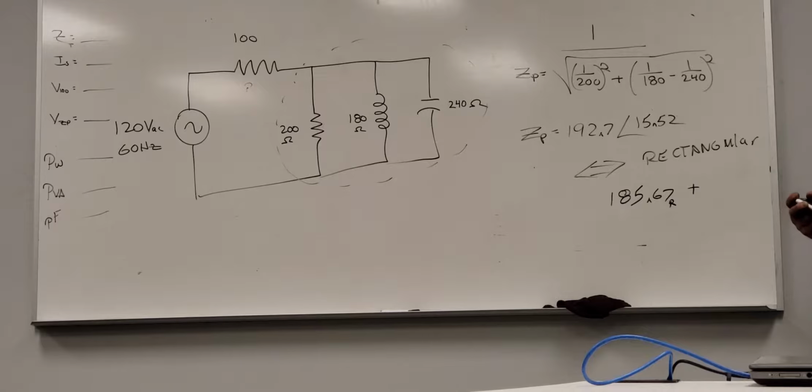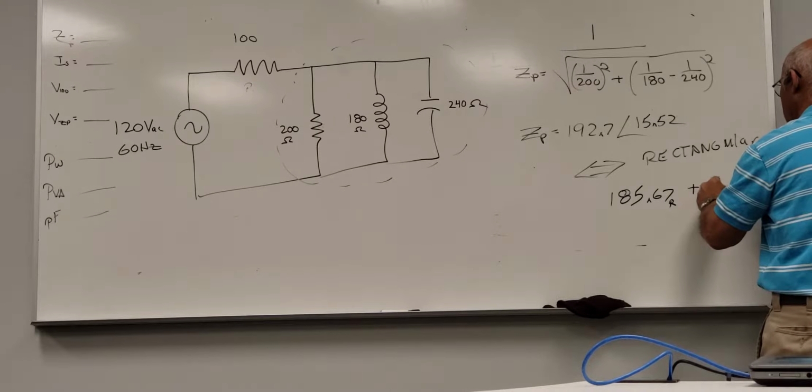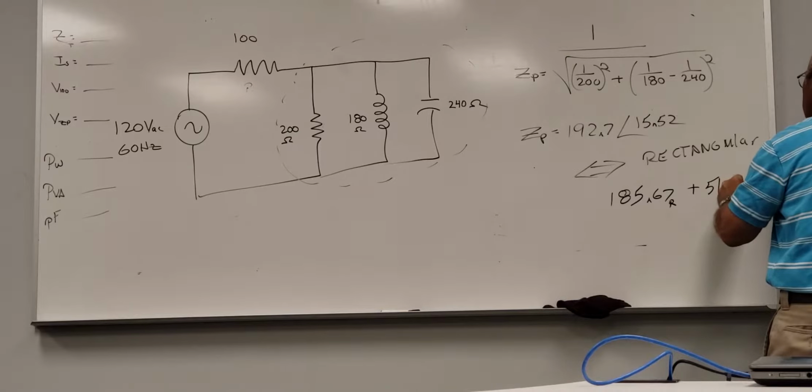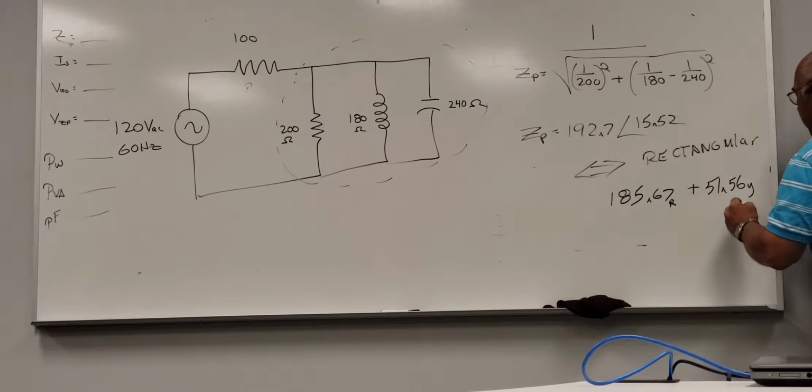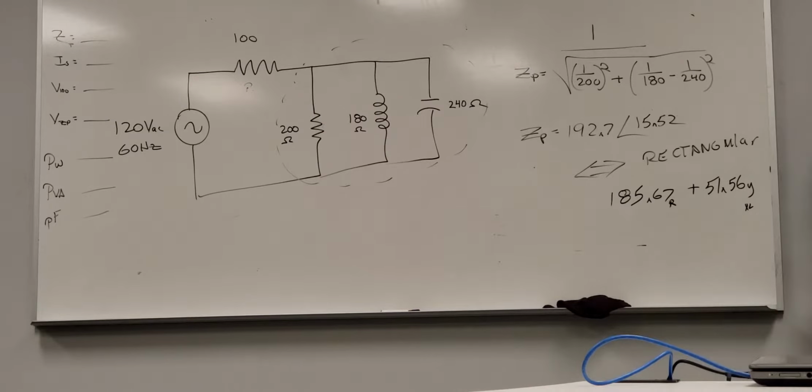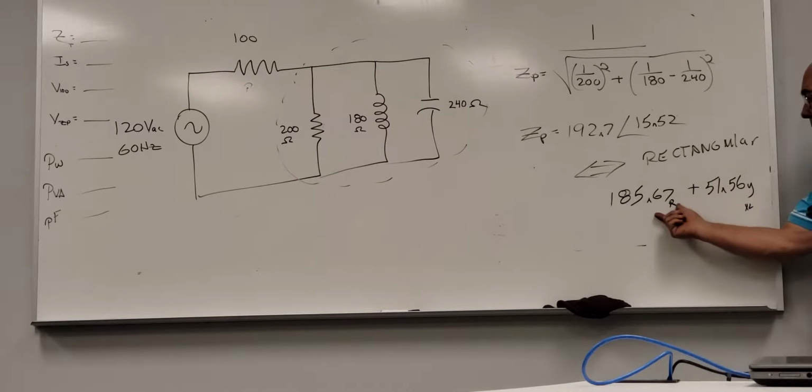Hit enter, I get 51.56. Alright, that's the Y component. Or, since it's positive, that's the X sub L component. So I got an R and X sub L.